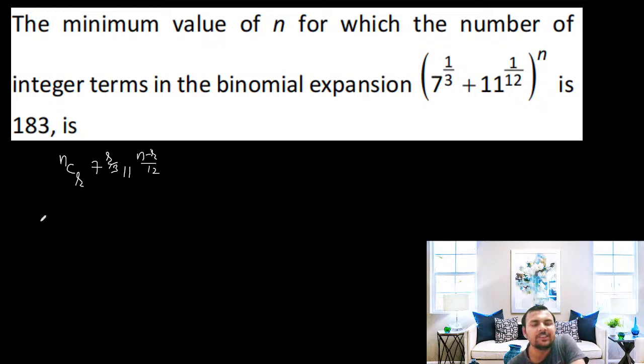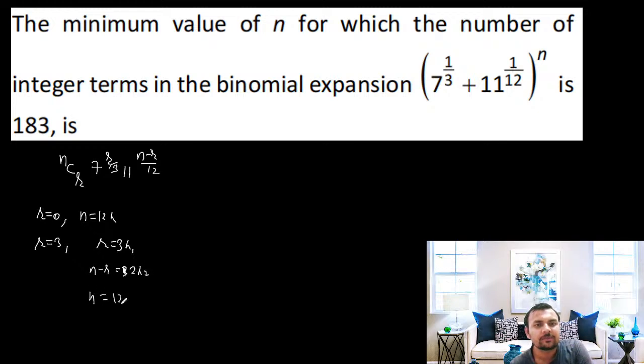So number of integer terms, that means it should be, so r equal to 0, n equal to 12 lambda, r equal to 3, r is 3 lambda 1, n minus r is 12 lambda 2.